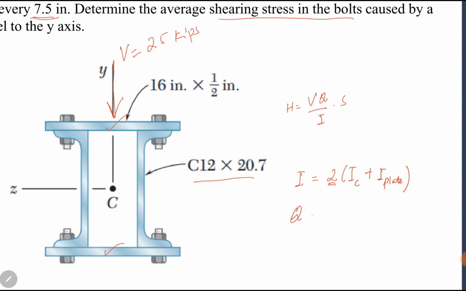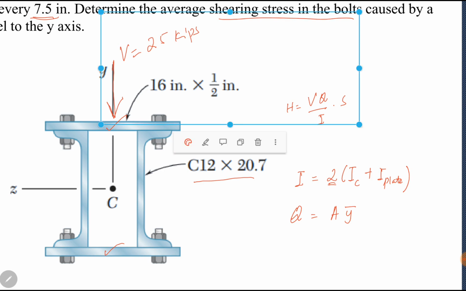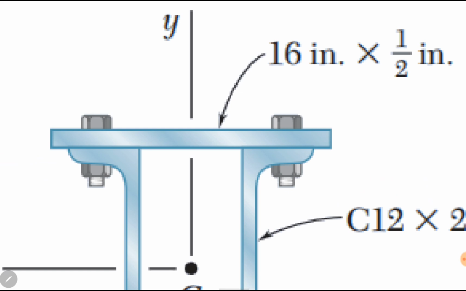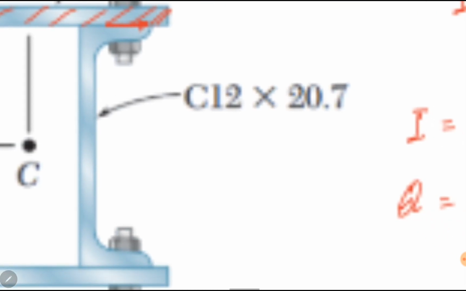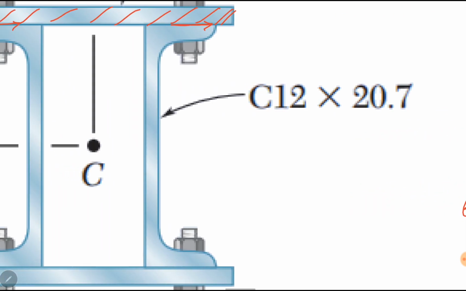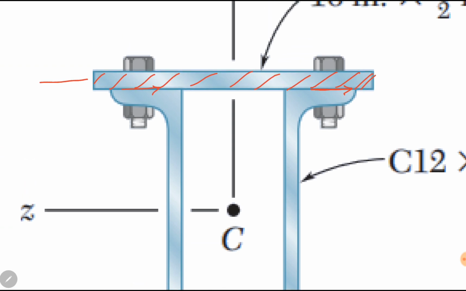And Q is equal to A into Y dash, where for A we have to use the area above the horizontal force. Horizontal force exists between the interface of the plate and the channel section. So the area above it is the area of the plate, so we'll use the area of the plate here, and its Y dash is the distance of its centroid from the centroid of the total cross section.